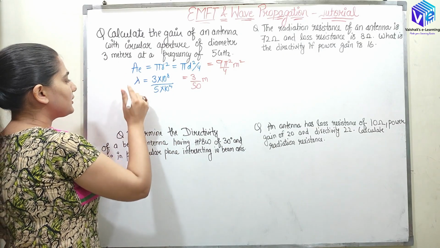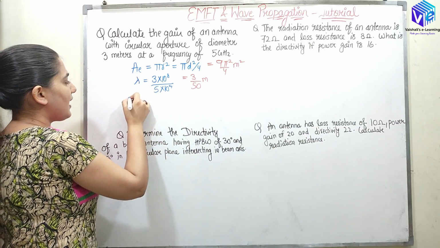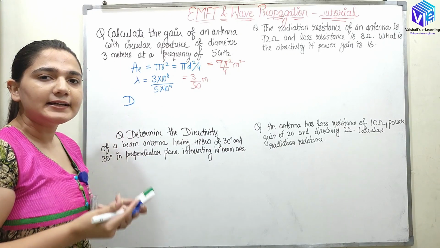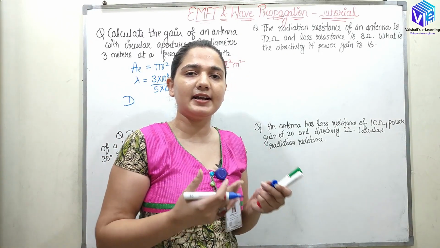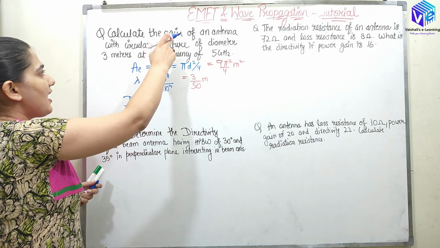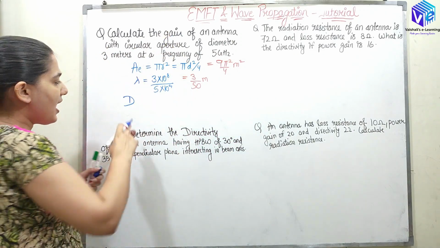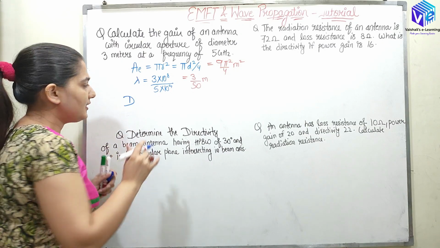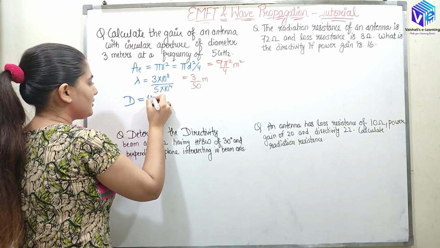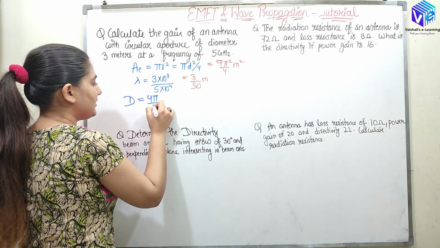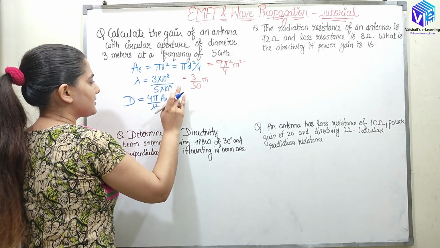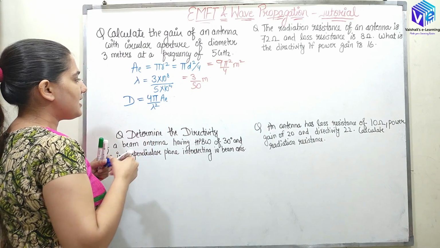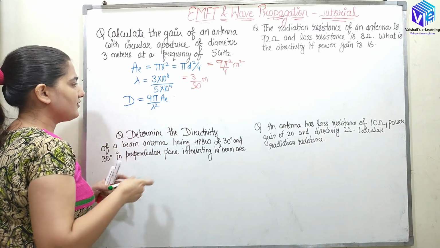Now we need to put it into the formula to find out the directivity, and from the directivity I will find out the gain. Actually I have to calculate the gain, and for gain first I am calculating the directivity. The formula for directivity is 4 pi upon lambda square into Ae max. So we know Ae, the maximum value of the aperture area.